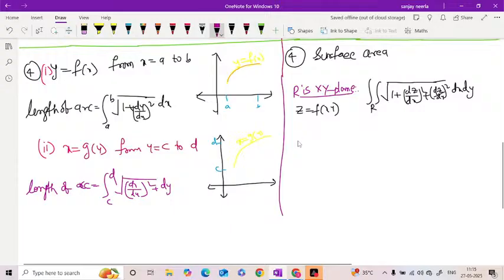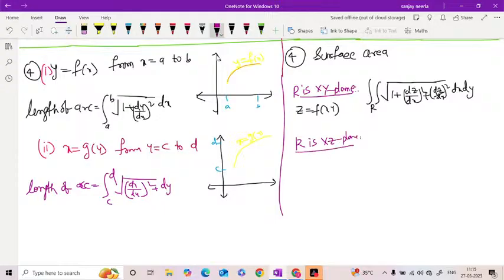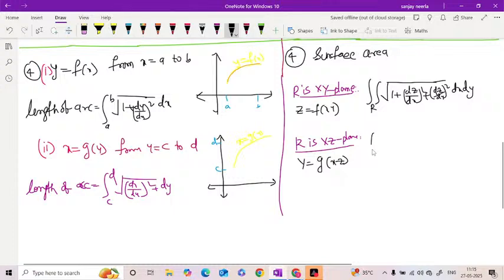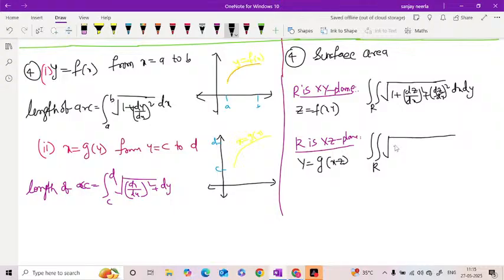Similarly, if the region is the xz plane, then we take y equal to a function g of x, z, and the surface area is the double integral over the region R of the square root of 1 plus (dy by dx) whole square plus (dy by dz) whole square.